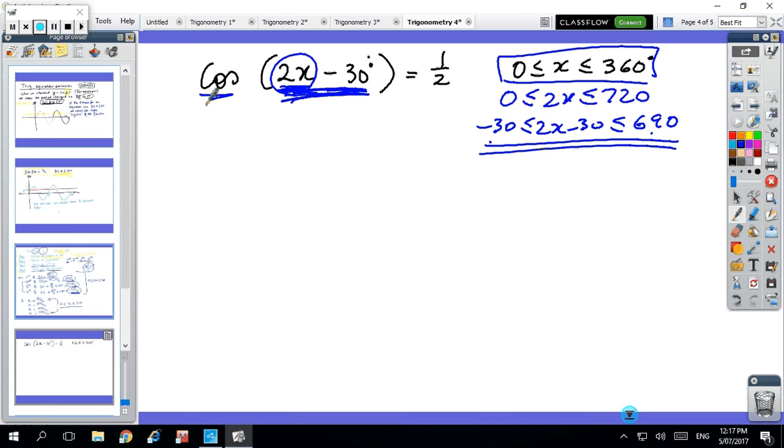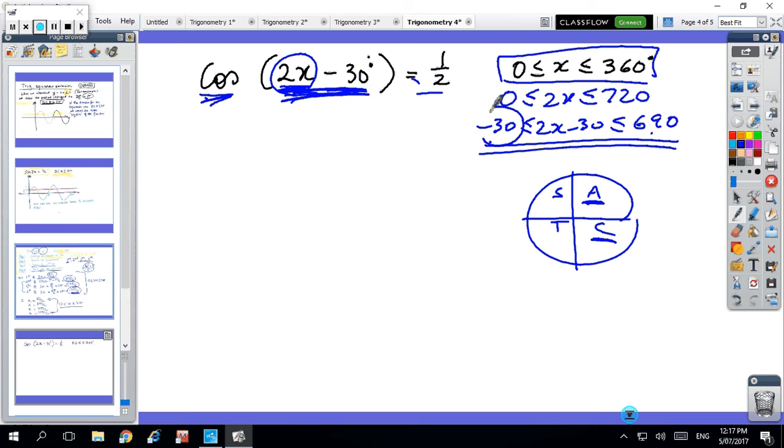Okay, so cos is positive. So we've got all stations to central. So for cos being positive, we're looking at these quadrants. But this answer here is the same as this quadrant here. So we actually have this as a negative quadrant. So step 1 is name the quadrants.